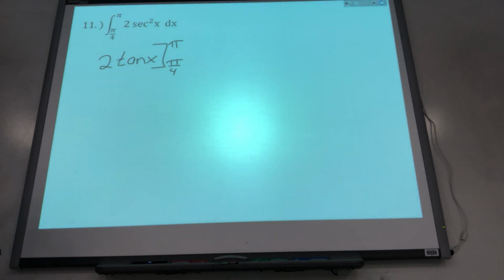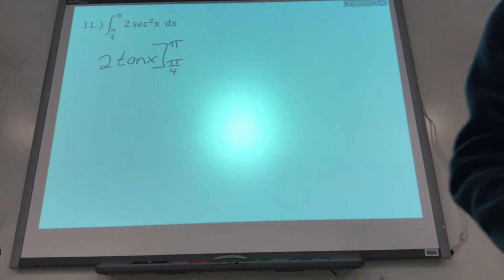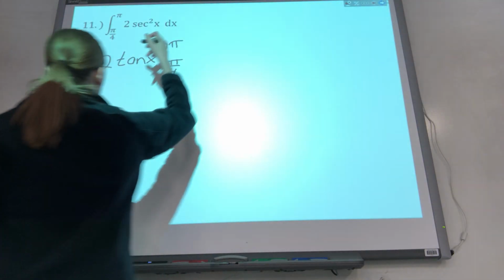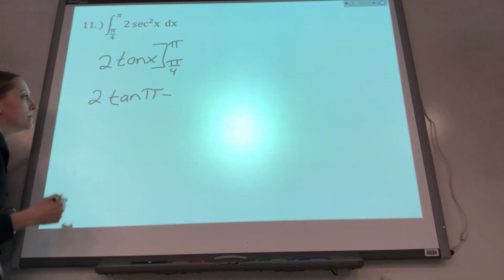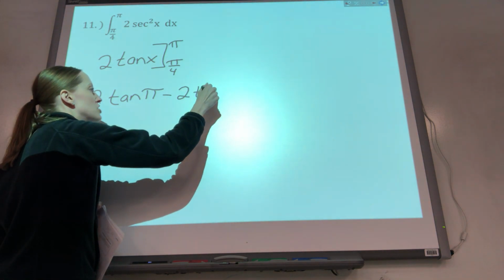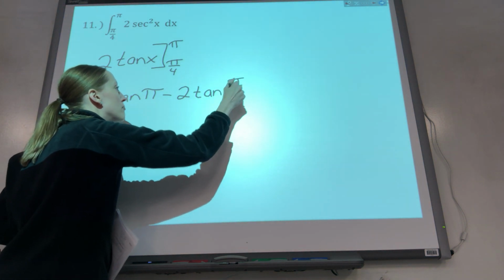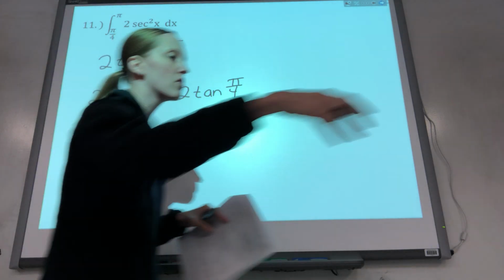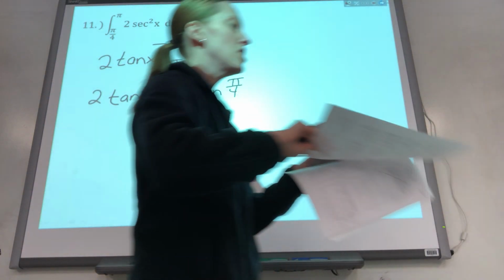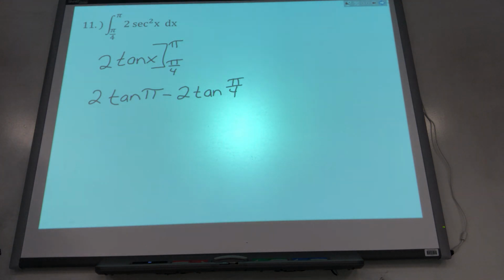Now it's just a matter of plugging in my bounds. So I'll plug in the pi first. 2 tangent of pi minus 2 tangent of pi over 4. I'm just going to use handy dandy real quick to evaluate these. You will get a handy dandy on the final if there are problems like this.